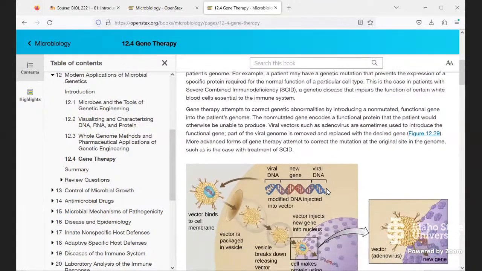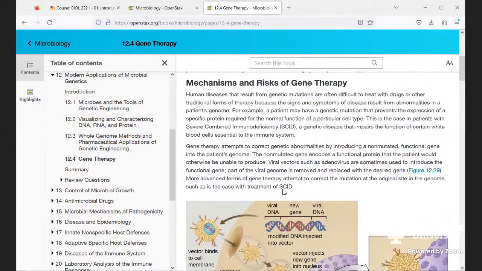So one thing, and we've got right here with SCID, we will mention in the next chunk of material a little bit about this, but SCID is a genetic disorder, something you are born with. It's called severe combined immunodeficiency. It's not the same as HIV or AIDS as it progresses to acquired immune deficiency, but it's sort of a similar idea, all right?